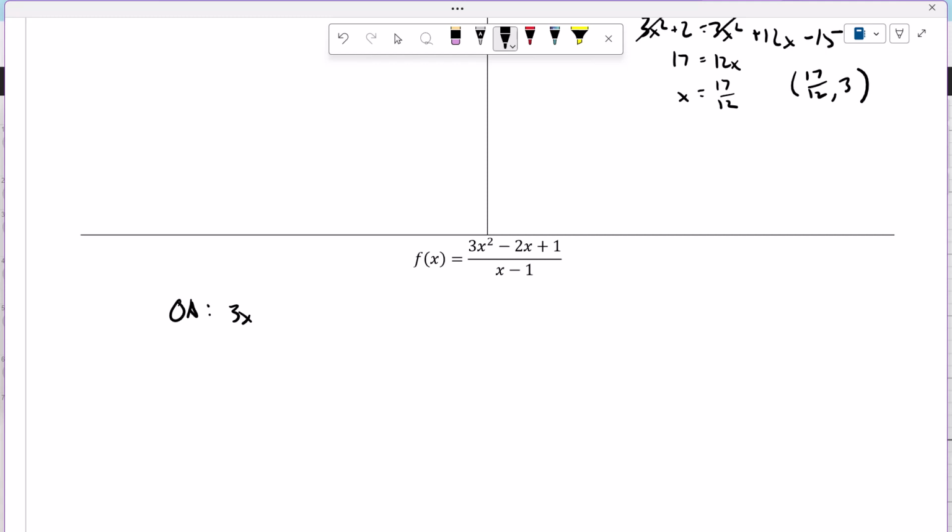How do I do this? Should I do long division? Yeah, if you want to. Oh, yeah, it's minus 1. We put a positive 1 here, excuse me. Positive 1 goes right there, then we have 3, -2.